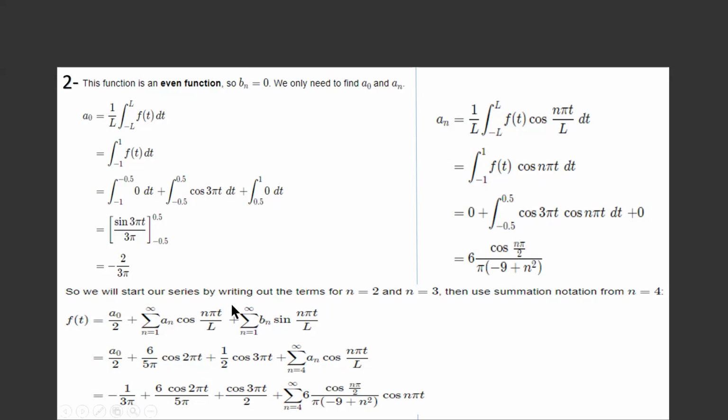So like this one, you can find A naught and divide it by 2. As I said before, in some books using this formula, instead of writing A naught, you write A naught over 2. This is why here he doesn't have 2 up here, right? Now I find A naught, I substitute it. I find A1 by the calculator and substitute it.